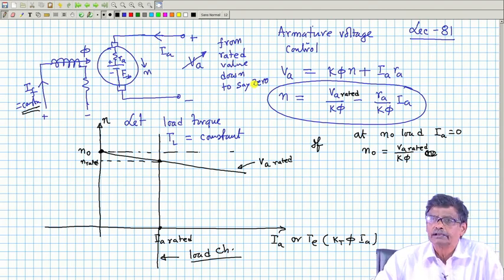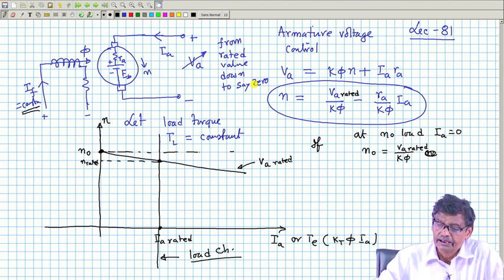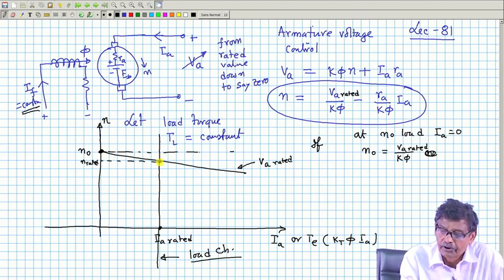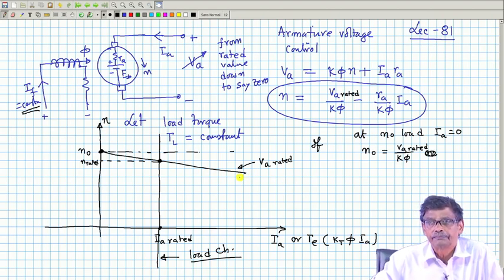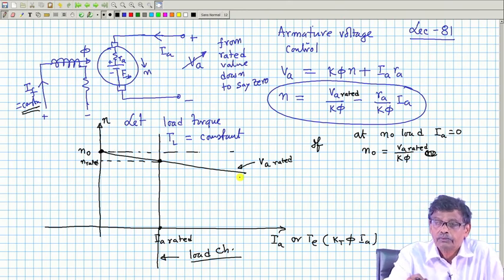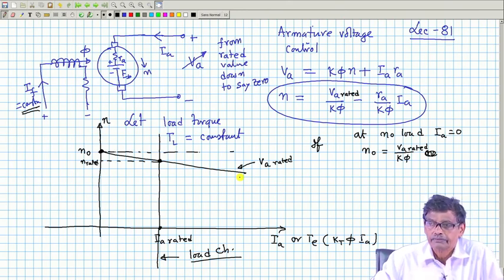First, let us try to understand what is happening in the machine. Initially, this is the operating point with rated voltage. Suppose suddenly you reduce the voltage to a lesser value.